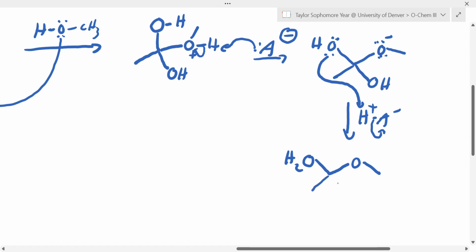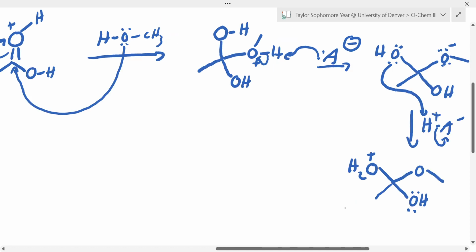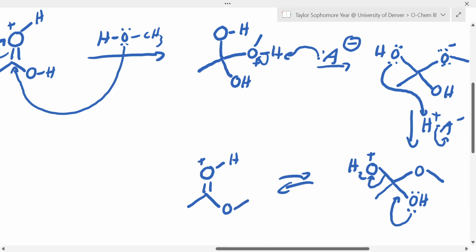Ether, and you still have OH here. So now we have to find a way to get this water off the chain. So we can take one of these pairs of electrons and create a double bond. By doing this, we could take off this bond and put it back on water, taking water out of the compound. So through that, we now get this. Still, we have another positive charge.